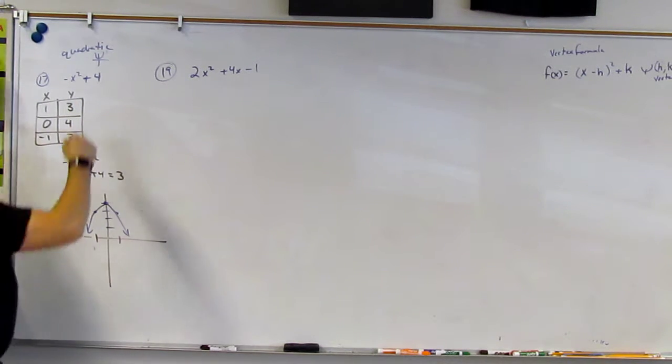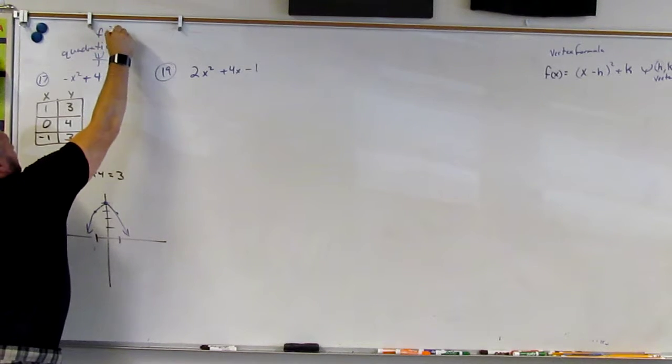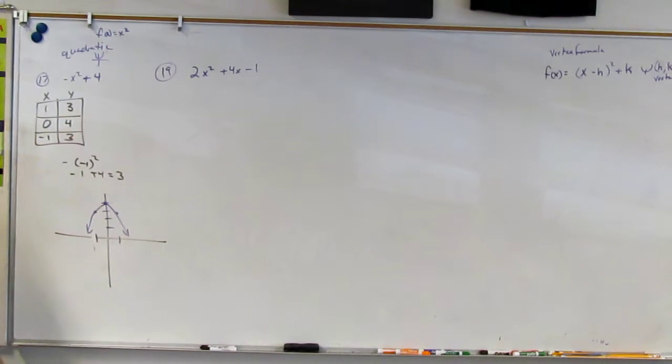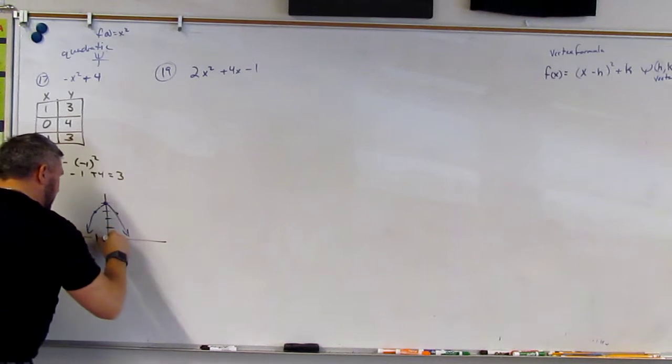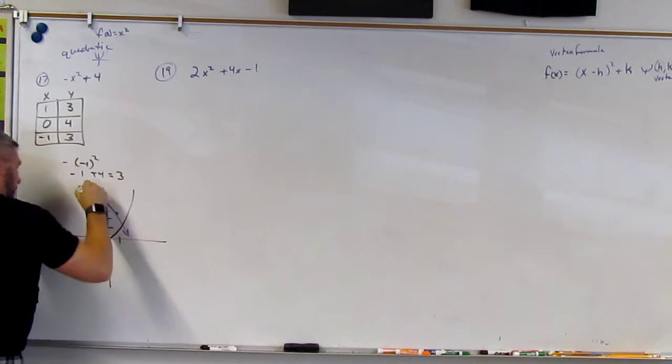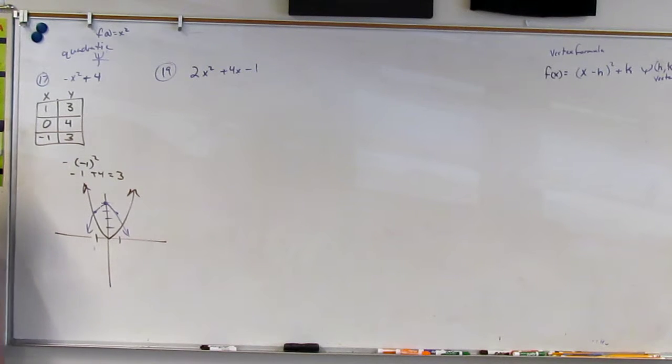And it's f of x equals x squared, right? If we think about that, it would look like this. But it doesn't look like that. It looks like that flipped and moved. Right? What flipped it? What moved it?